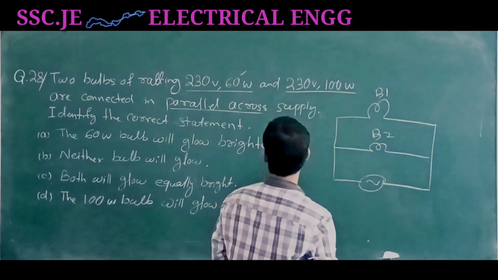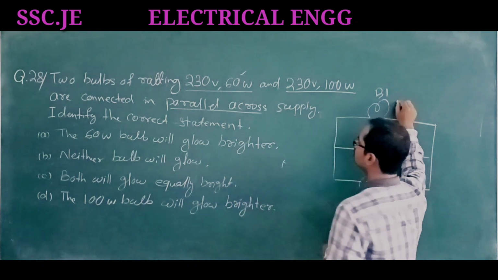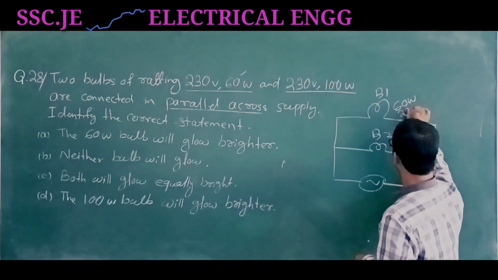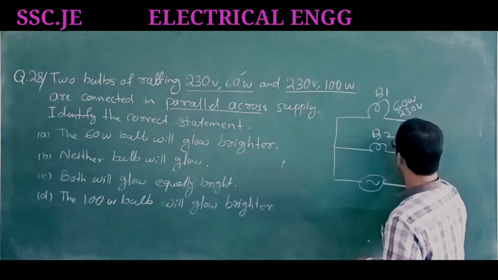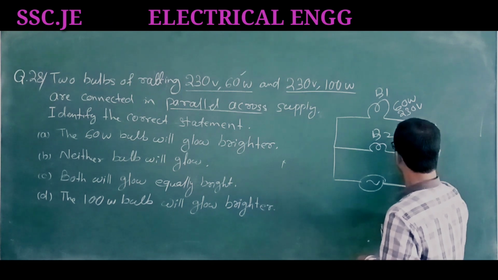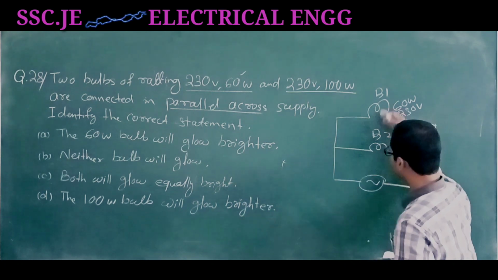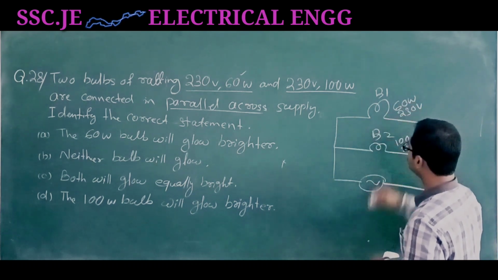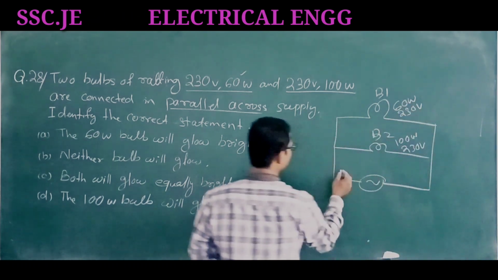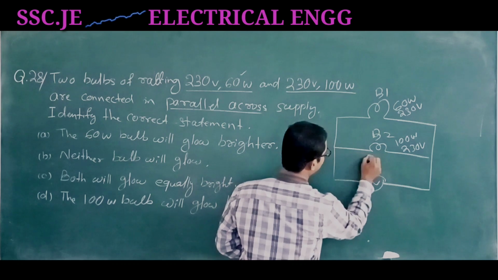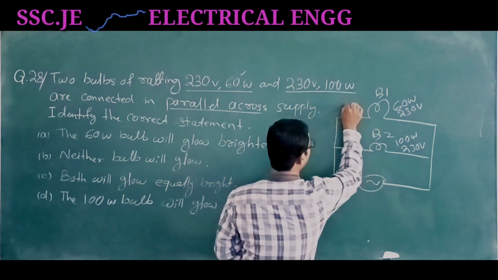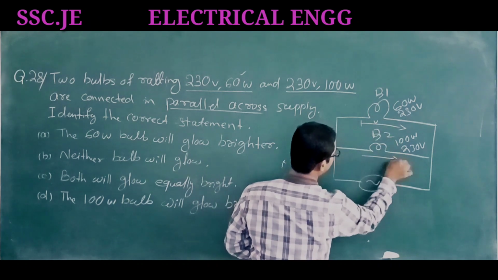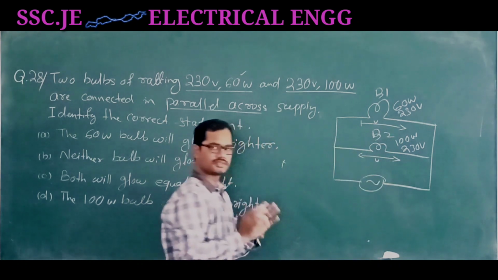Bulb 1 rating is 230 volt 60 watt, and bulb 2 is 100 watt and 230 volt, and this is connected to your supply in parallel. So as it is connected to the supply in parallel, the voltage of bulb 1 and the voltage of bulb 2 is the same voltage.